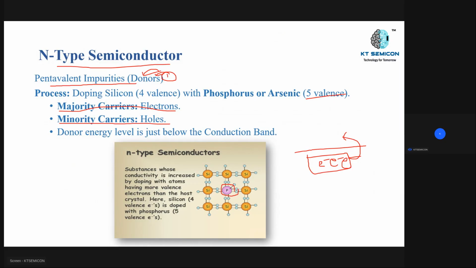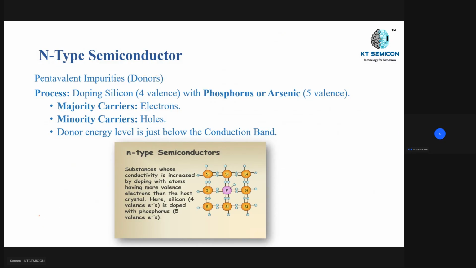After completion of bond pairing, it has one extra electron here. This electron acts as the donor. That's why we have a majority of carriers as electrons in n-type semiconductors.